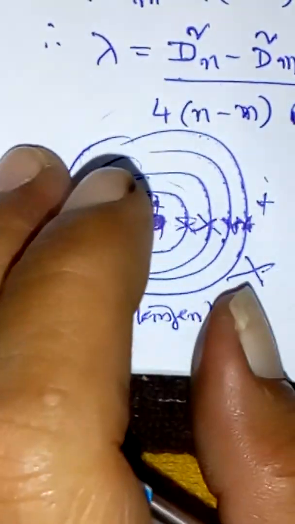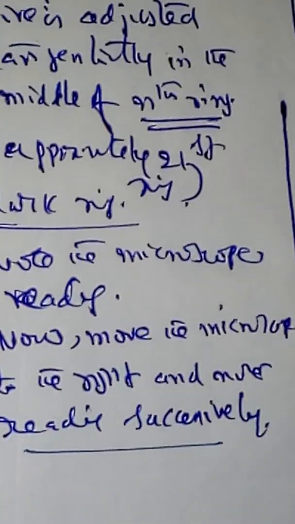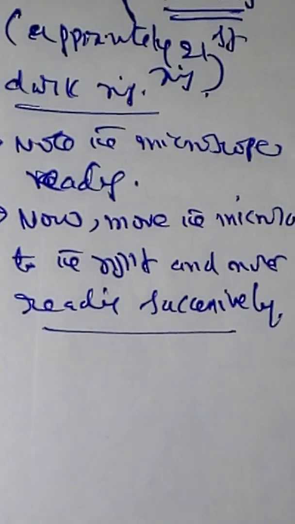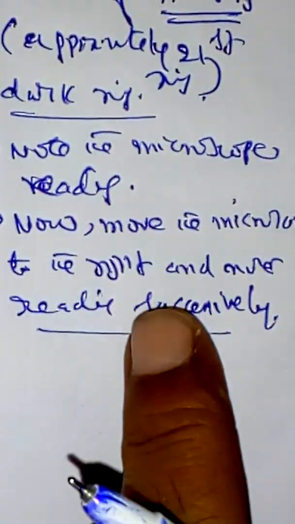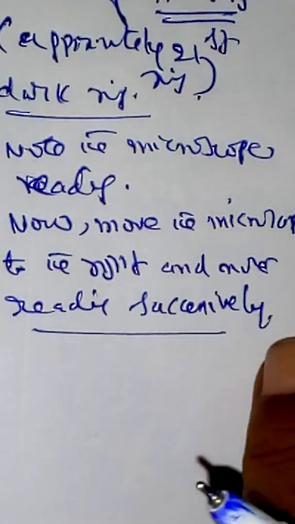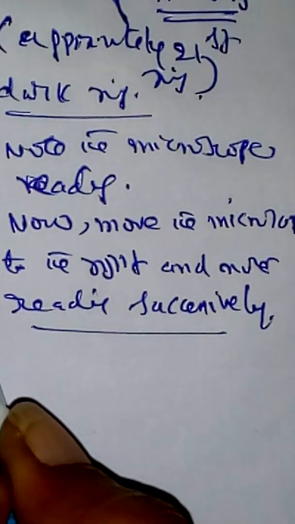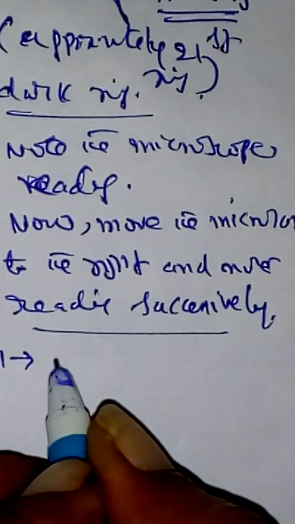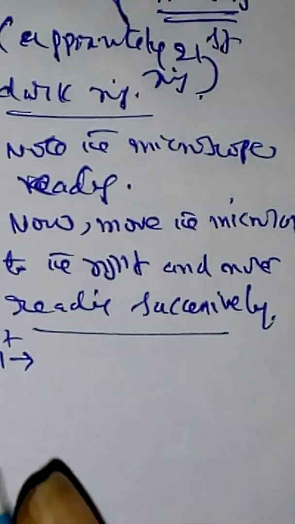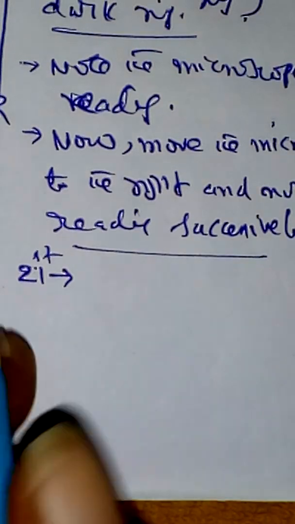So that is how you have to take the calculation. After taking the left side reading, you are taking the corresponding right side reading. From the 21st you are going on to the next reading.